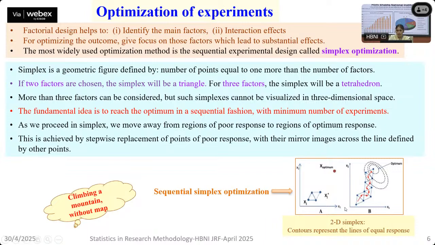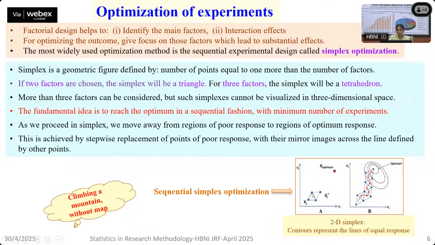The input factors, your flame height and fuel ratio, x1 and x2. Say x1 is flame height, x2 is fuel ratio, are taken on the 2 axes. You can take either of them in the axis. Then you plot the response. This area will be the response region for response function representation.